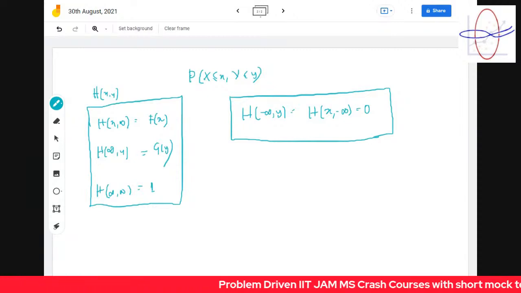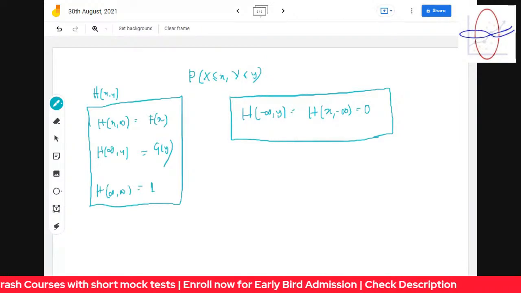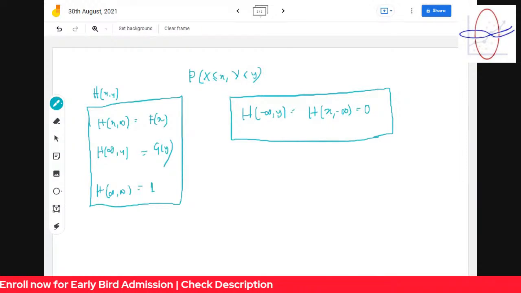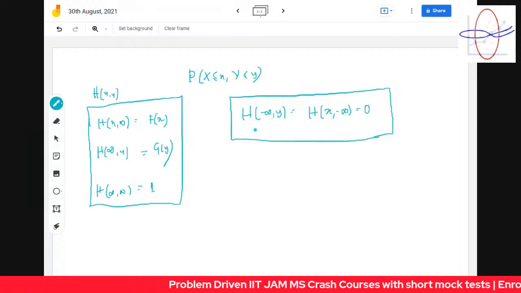When you're standing on the floor, there is no right and left. There's only right and left when you're standing on a line. So there is no right-continuous or left-continuous condition here. You only have to check these four conditions to see whether it's a valid CDF or not.